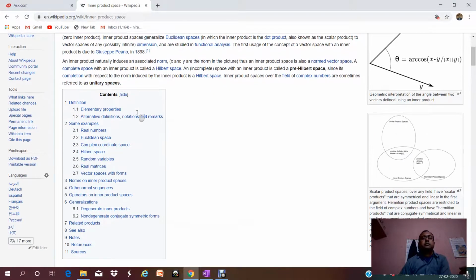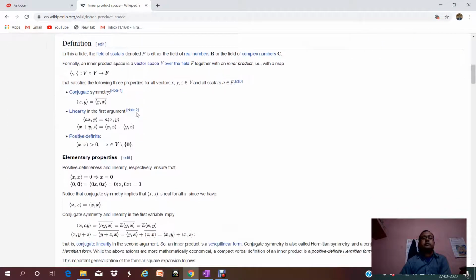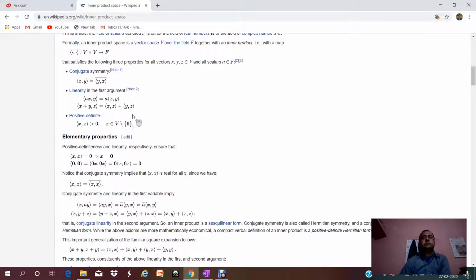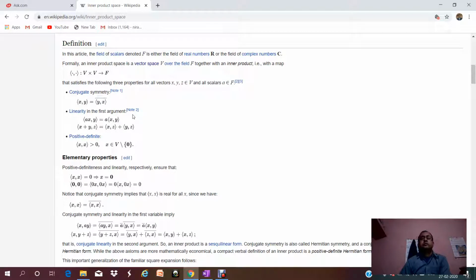Inner product space is another term called Hilbert space. An inner product space is a vector space V over a field. It is another type of vector space with an extra operation, the inner product.